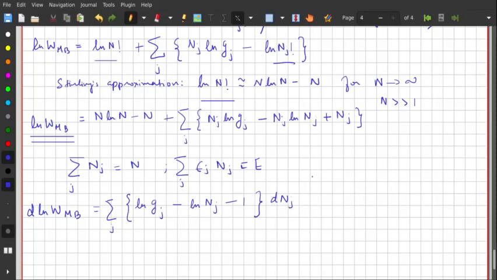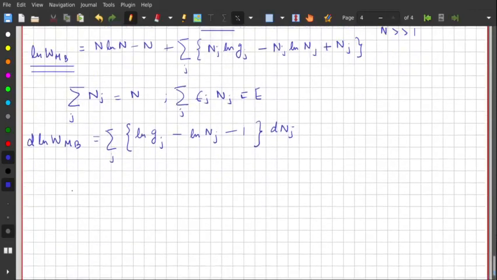Okay, where we recall that if we differentiate the constraints themselves, sum over j of dnj equals 0, and sum over j of epsilon j dnj equals 0.